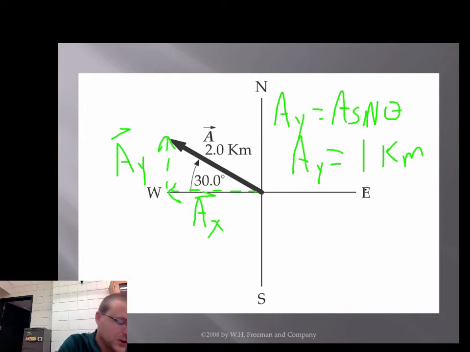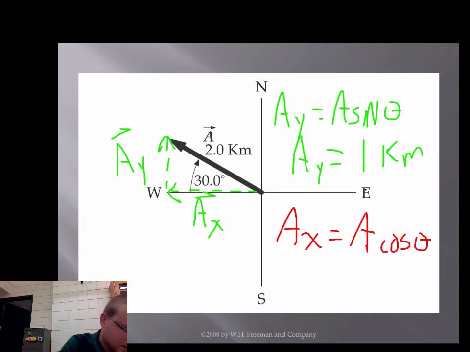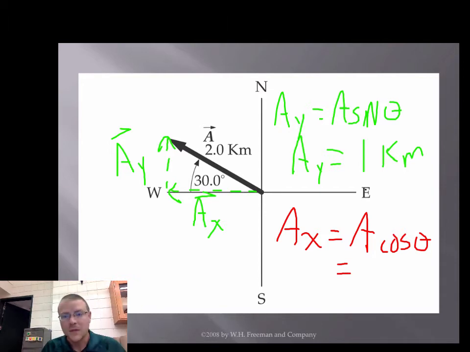But if I'm going to use trig for AX, all you have to do is AX equals A cosine of theta. Cosine of 30 is about 0.87 multiplied by 2 gives me an AX component of 1.73.